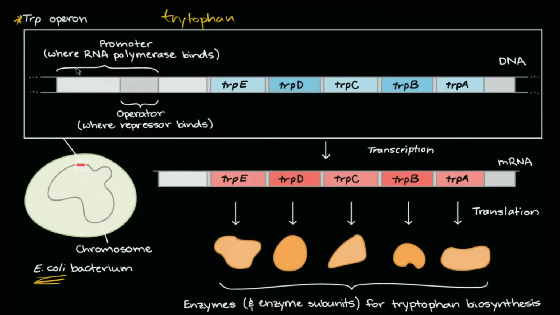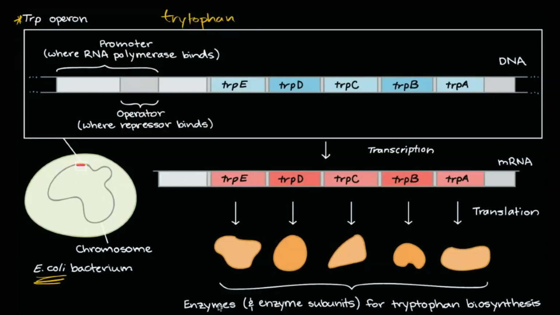The promoter is where the RNA polymerase binds and would start the transcription process. The operator is where the repressor binds. This is going to be essential for understanding how the trp operon works. So what do these genes actually code for? These genes code for enzymes that are used in the construction of tryptophan. I'm always amazed that enzymes can be used to construct molecules that are much smaller than the enzymes themselves.